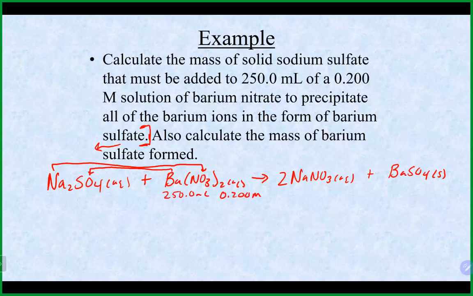From that we can get moles, which is what we're looking for. Remember that molarity is moles per liter, so moles here would be liters times molarity. This is an important spot where we do need to convert milliliters to liters.